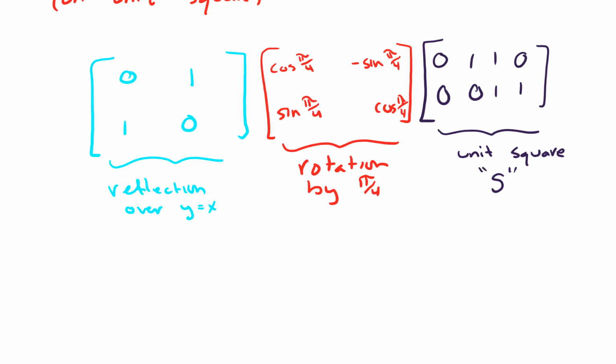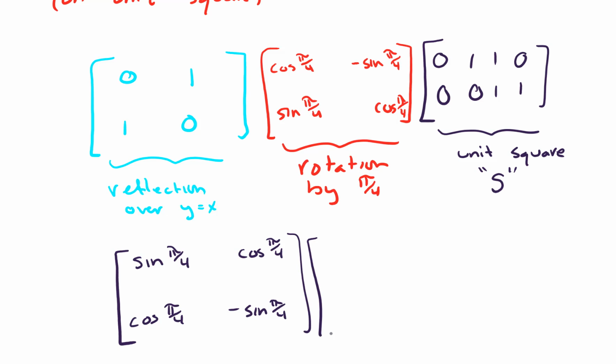For the first matrix multiplication here, we get a 0, and then a plus sine pi over 4. In the first row, second column, we get a cosine pi over 4. Bottom row, we get a cosine pi over 4 and a negative sine pi over 4.